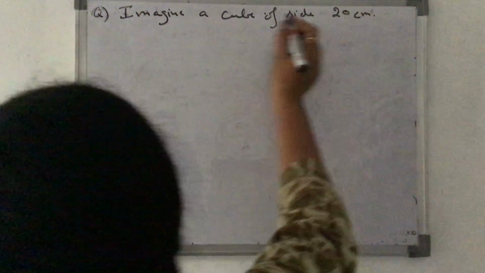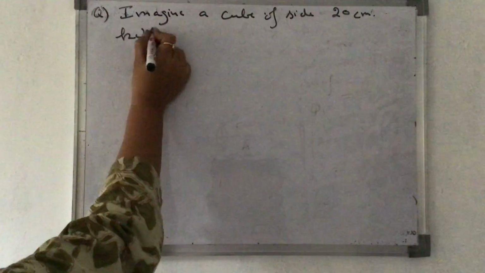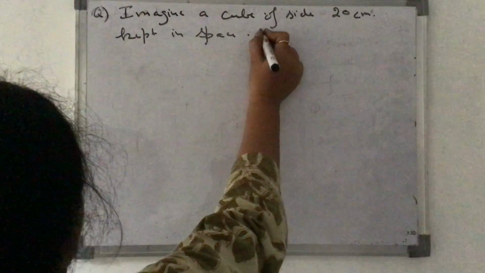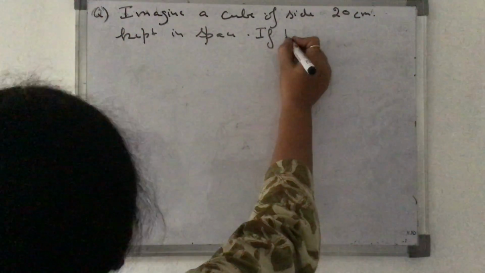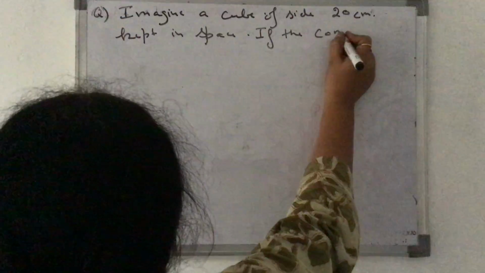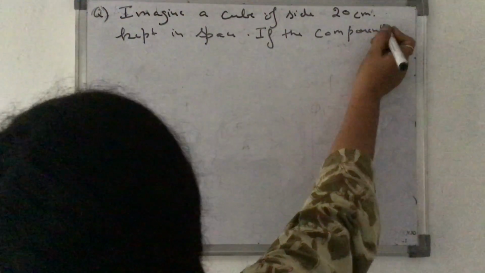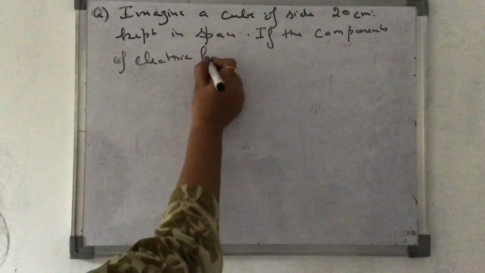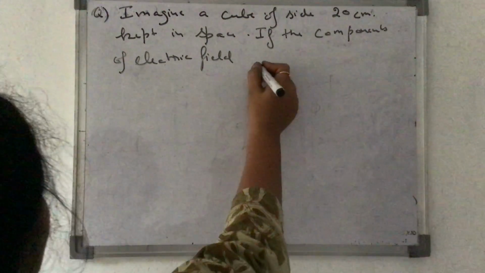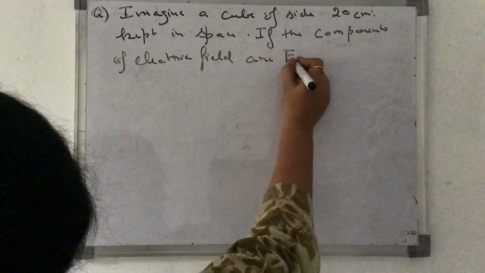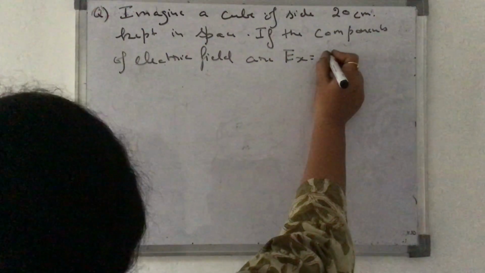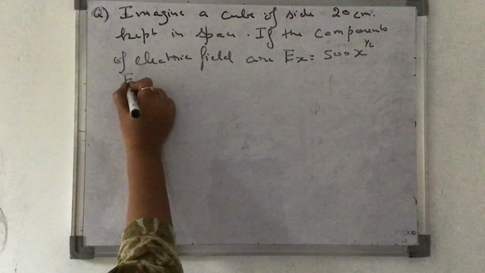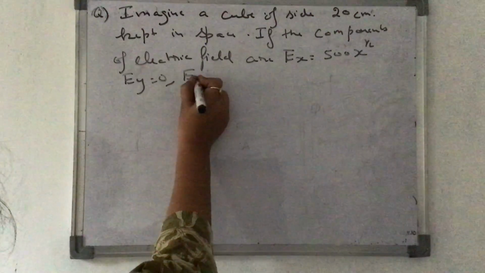If the components of electric field are Ex equal to 500 x raised to power half, Ey equal to 0, Ez equal to 0.